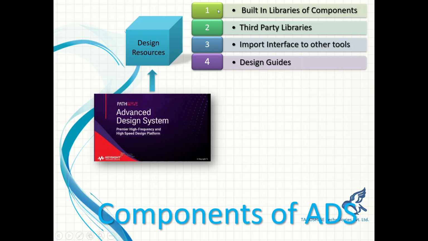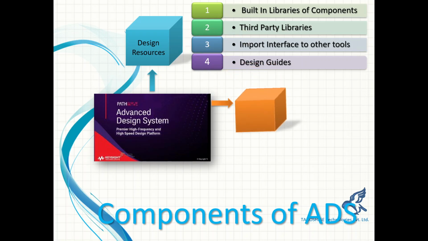Then the other design resources which assist a designer are called design guides. As far as I remember, it was 2004 and 2005 when we started working on design guides. I used to work with IBM, and Keysight, earlier called Agilent, was consulting on the design of these design guides. So these are various design resources.